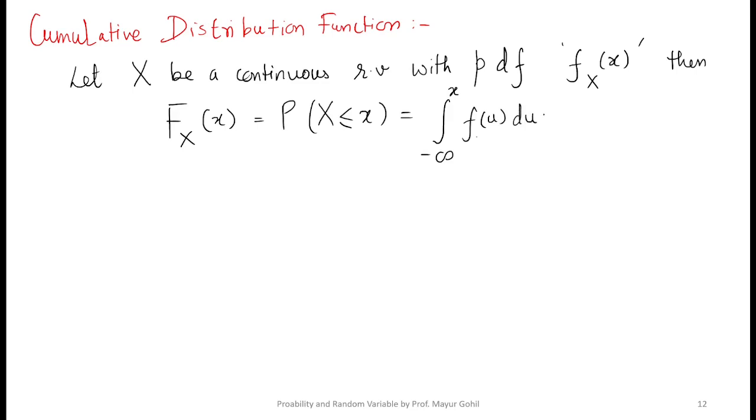This is what it is. Okay, this is very important. So now let us summarize this part carefully, because this will help us a lot.